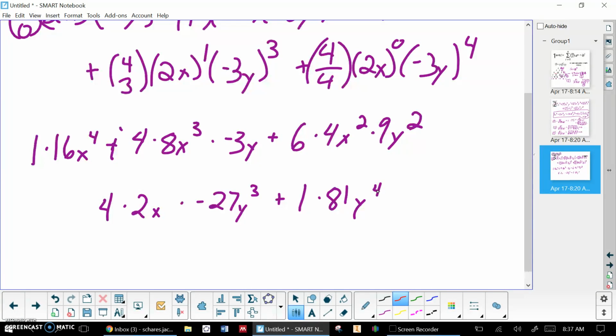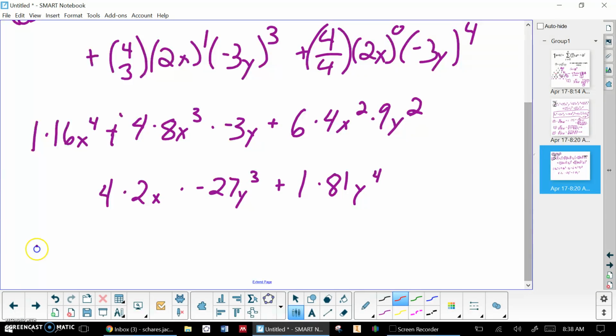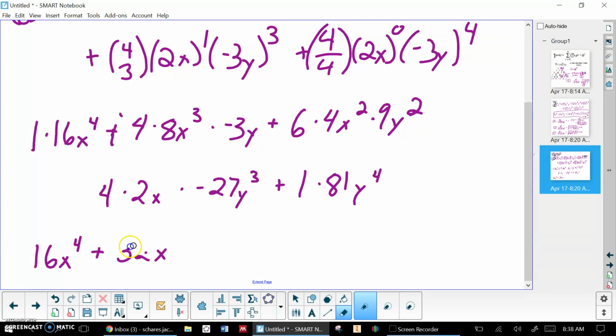Then we can go back through and simplify each of these. That gets a little bit tricky here. And so we have to just multiply all these terms out. 16x to the fourth. 4 times 8 is 32, so 32x to the third times negative 3. So 32 times 3 would be 96. But it's negative, so minus 96 x to the third y.